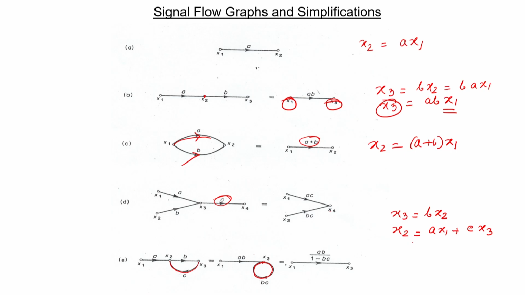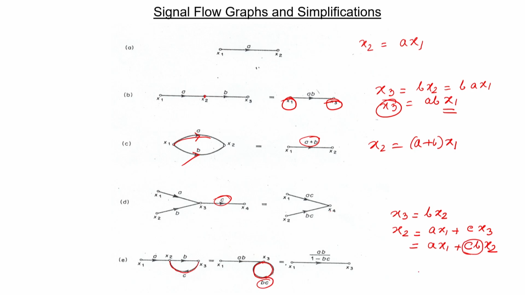So, it is ax1 plus cbx2. So, that is why this x3 is a loop on itself with bc, that is this part of it.